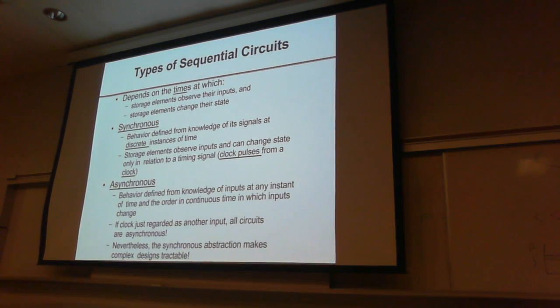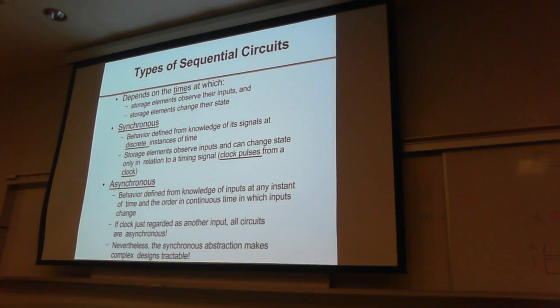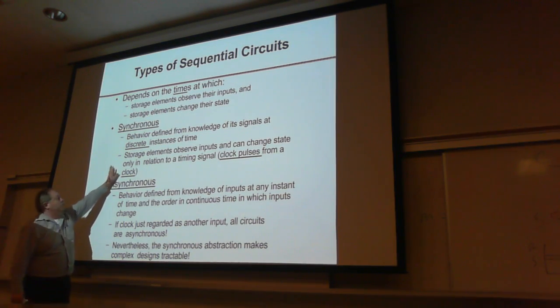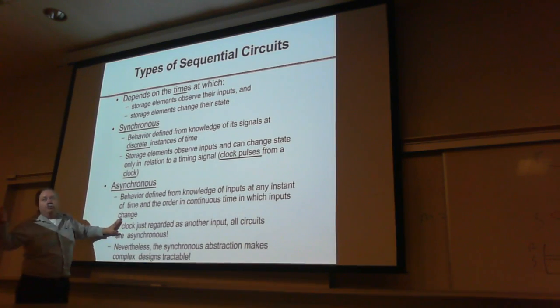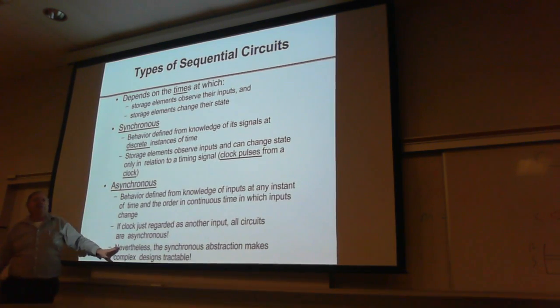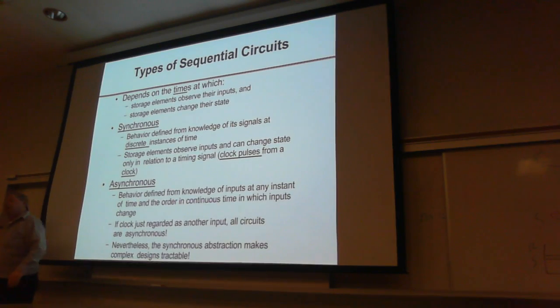They do have very specific instances when I need that kind of circuit, but we're going to be focused mostly on the synchronous types because those are by far and large the most frequent, or most ubiquitous, types of circuits that we would work with. Okay, so most of them fall in this category, but you do need to be aware that there are some complex circuits out there that are asynchronous in nature.